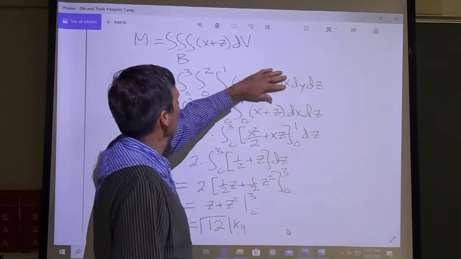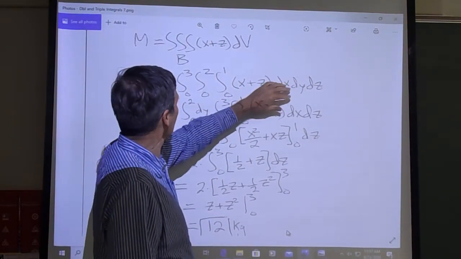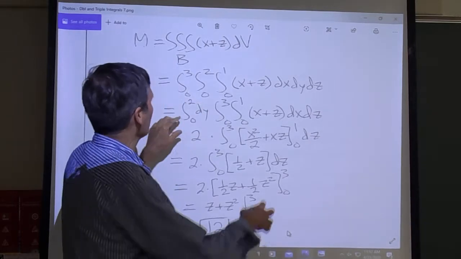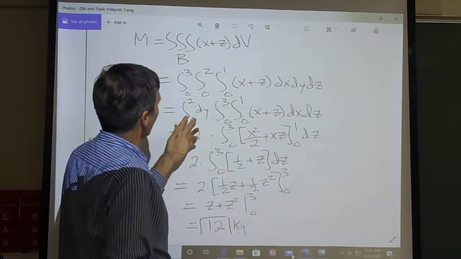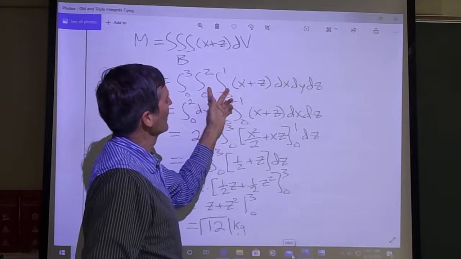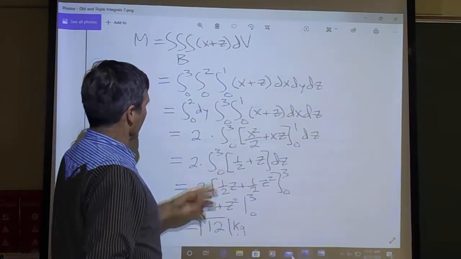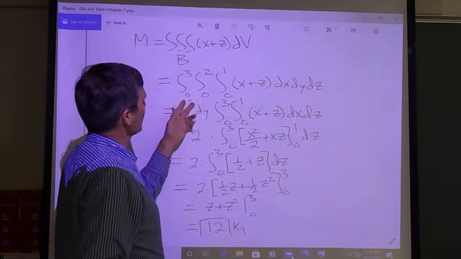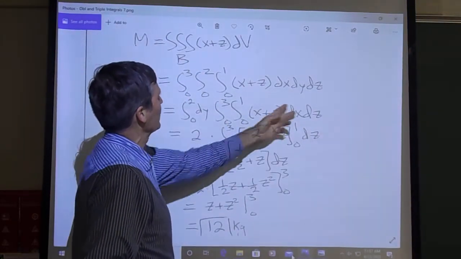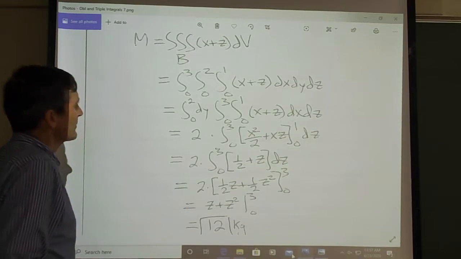You can pull the dy out here and just integrate with respect to y by pulling this constant out here. So you've got integral dy just going from 0 to 2 is easy, and then you've got the double integral here that's left.